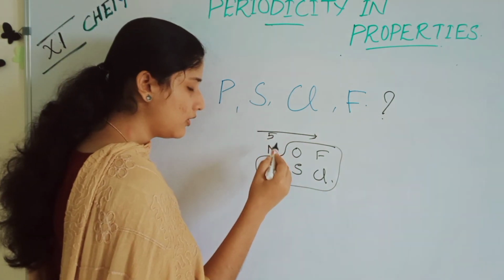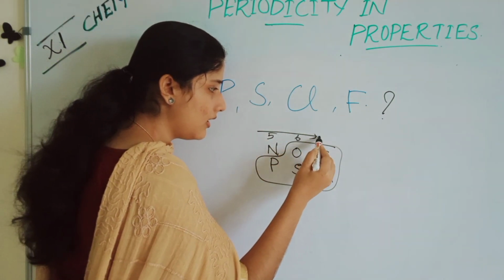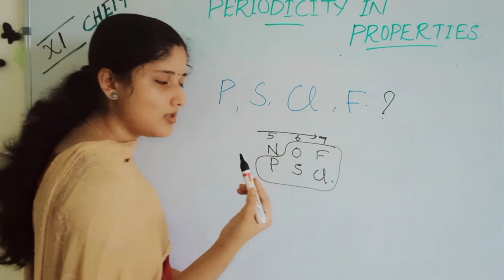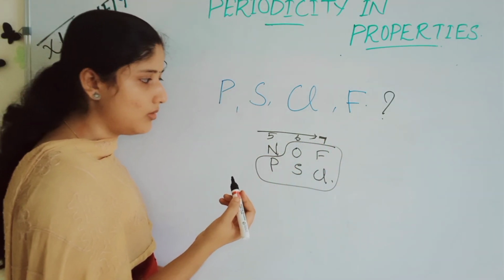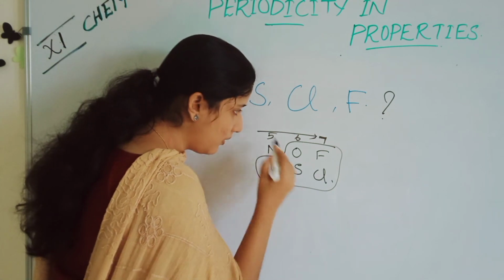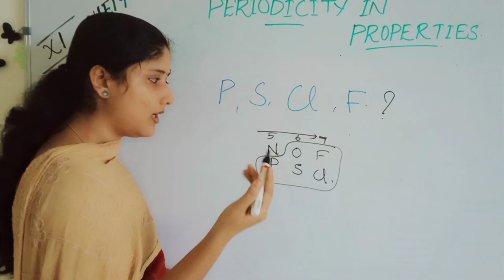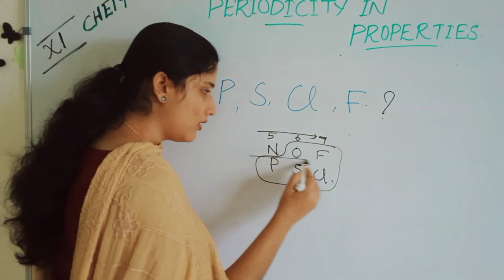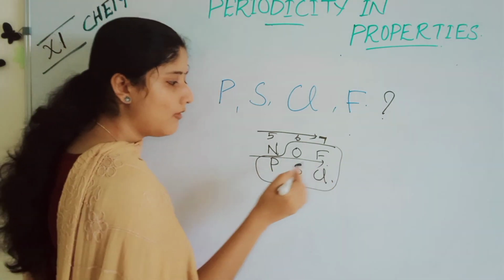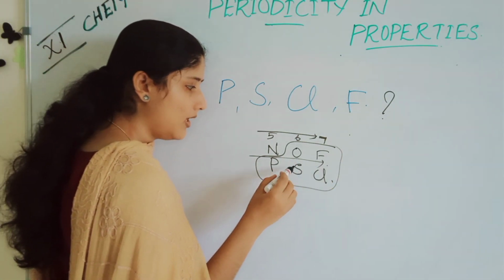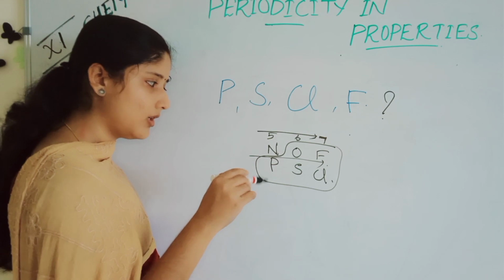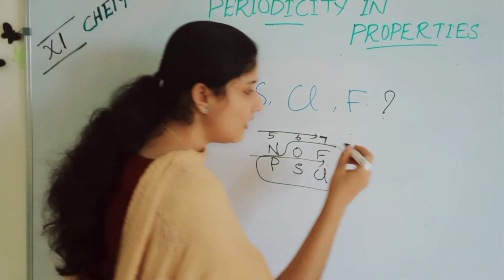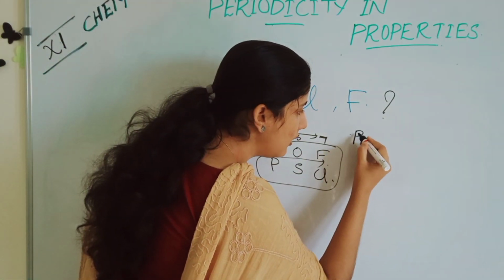Nitrogen is in the 5th group, oxygen in the 6th group, and fluorine is in the 7th group. That we already know. As we go from here to here, what happens? It becomes high. So the chance is fluorine will have higher than oxygen, but we have already studied the exception. Anyway, we can remember that phosphorus will have the lower.